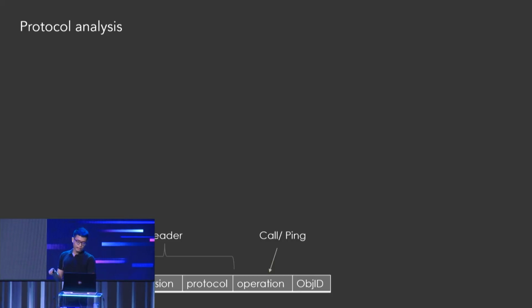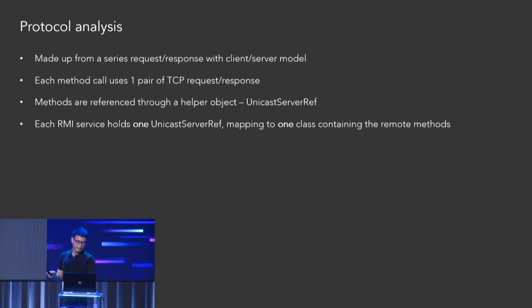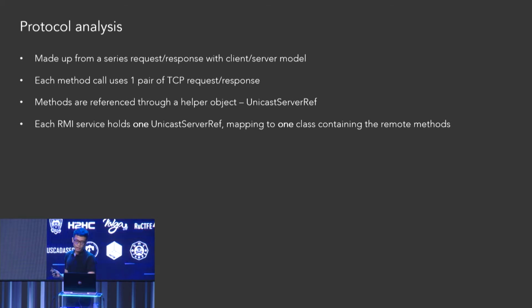So looking at the protocol side by side, each method call in remote method invocation is composed of one pair of TCP request and response, and methods are referenced to another intermediary object.